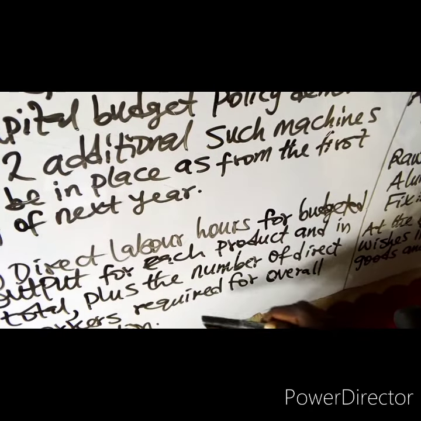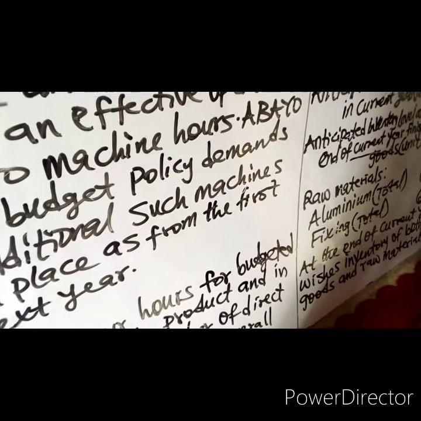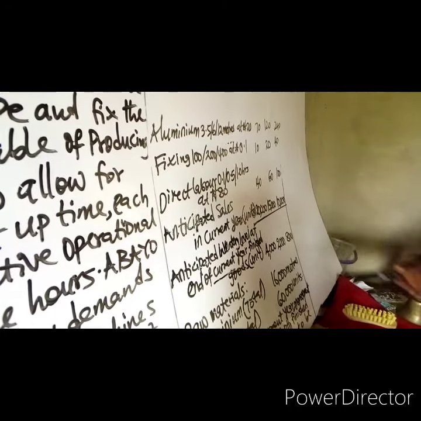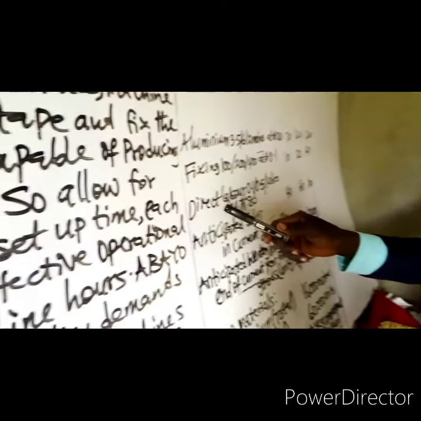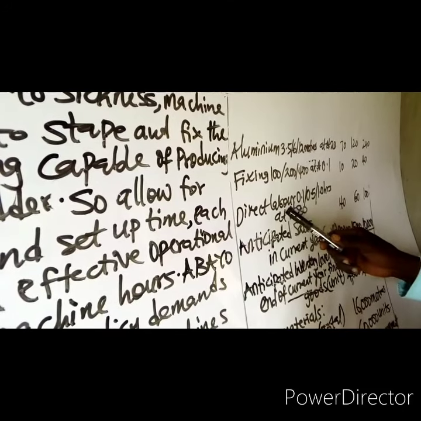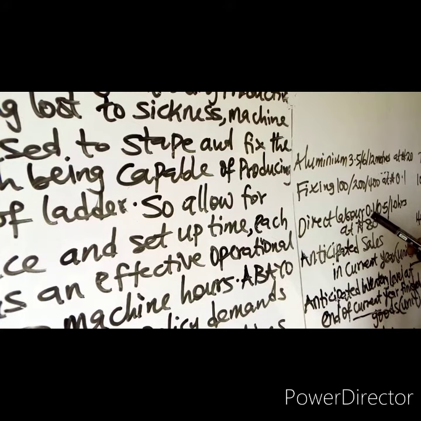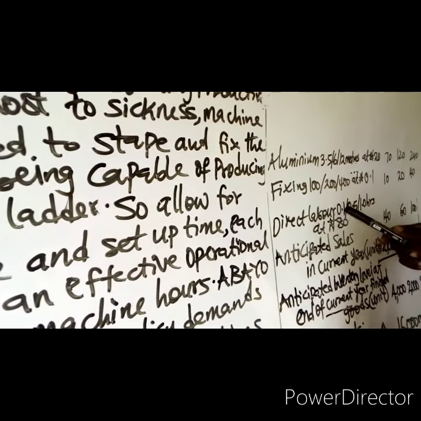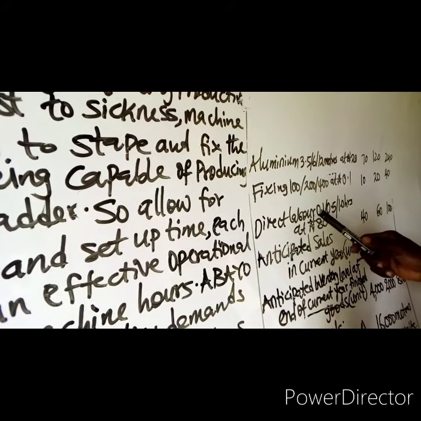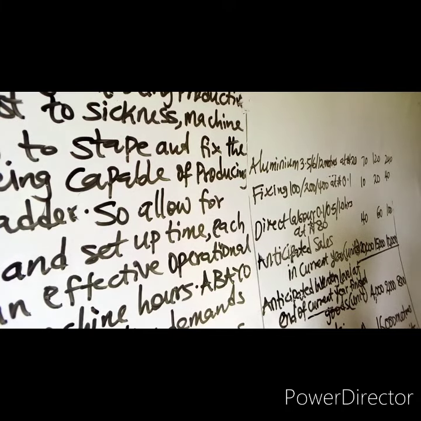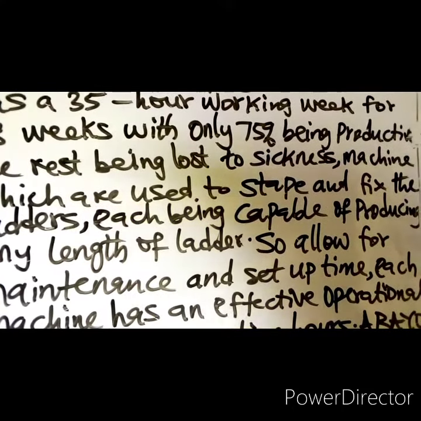I've told you that to prepare the labor budget, you multiply the expected labor hours by the budgeted production. You are given direct labor hours: at 3 meter, 0.1; at 5 meter, 0.5; and 10 meter, 1.0 hours.